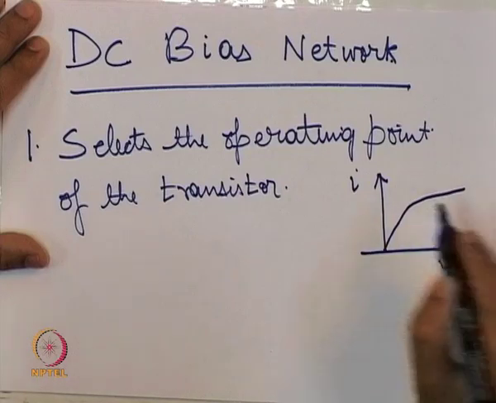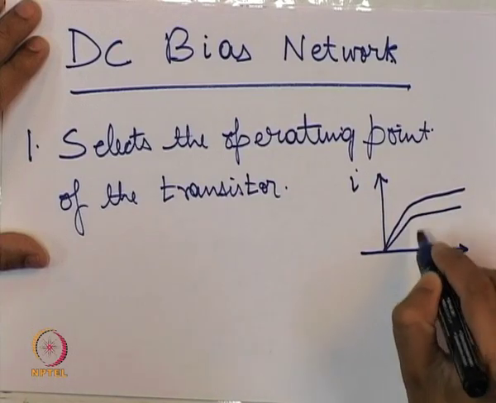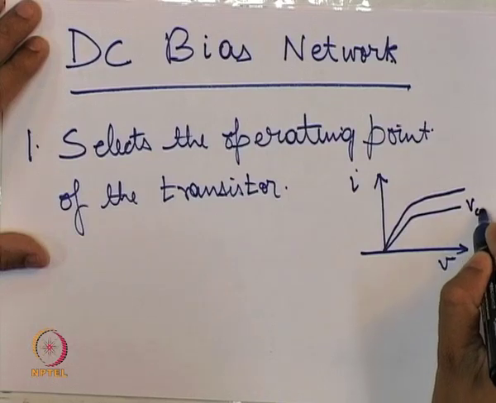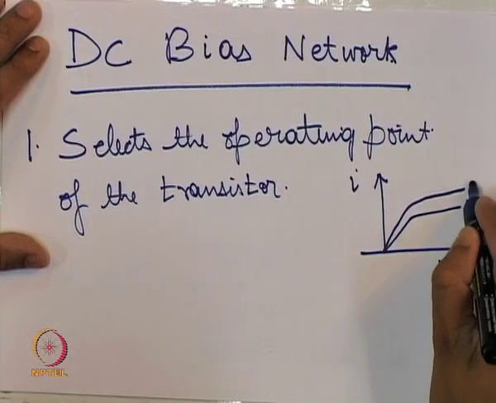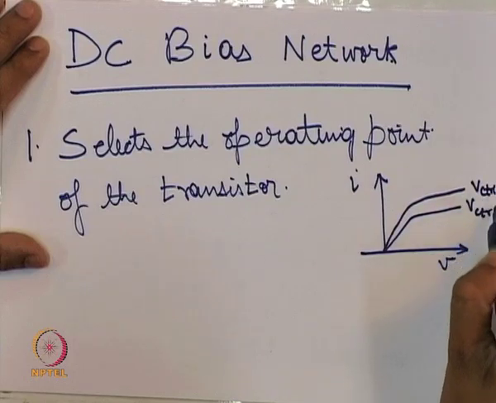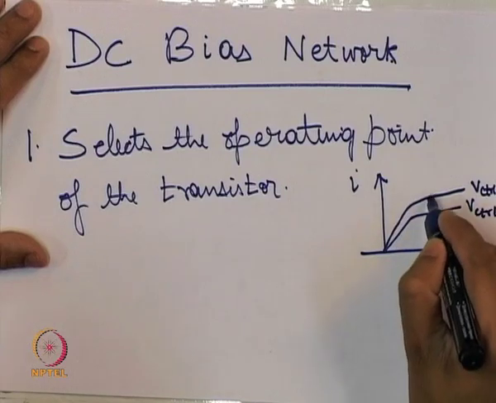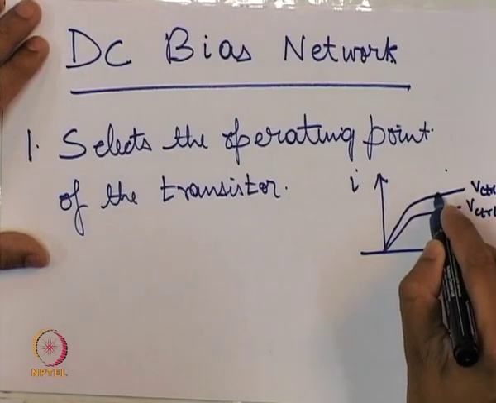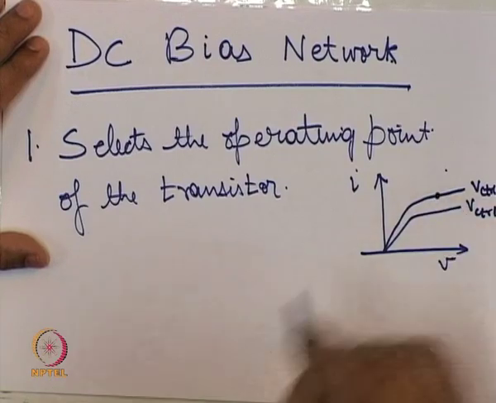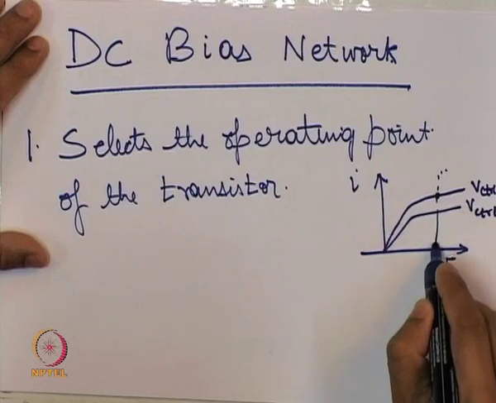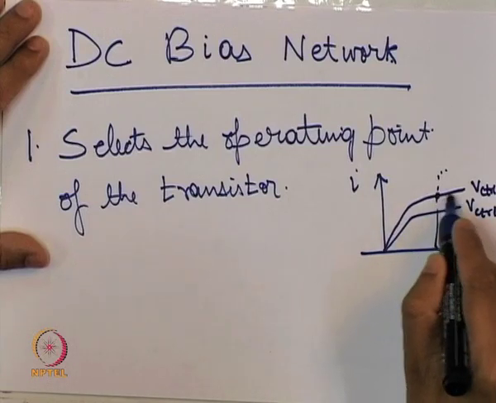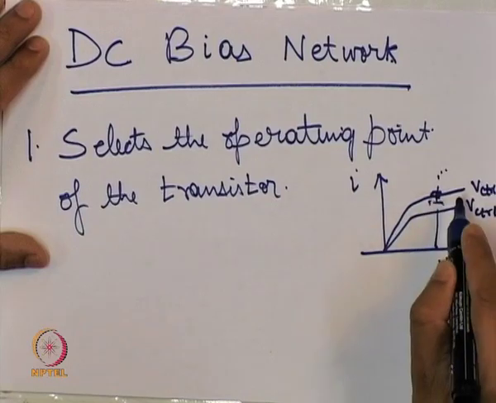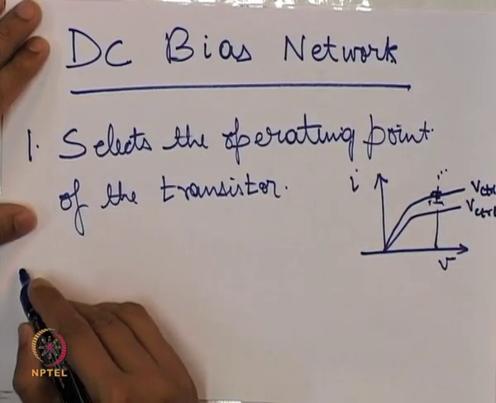Suppose the characteristic is like this, for various control voltage variations, say this is V control 1, this is V control 2 and so on. Now, setting the operating point means you fix the basic voltage input, and any further voltage input will be over and above this particular point. So, the variation will be about this point. That is called setting the operating point.